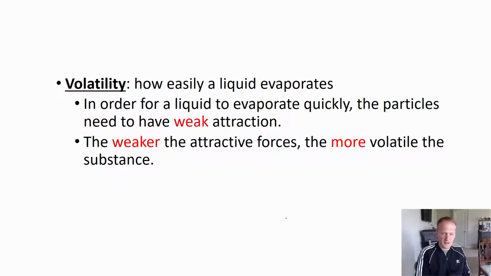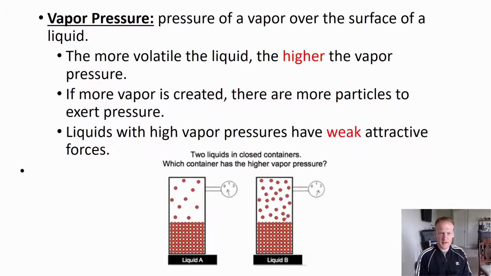You could sit it on your counter and it might dry out and some of the water might come out of it, but for the most part, it's not going to evaporate very easily. It's because of those strong intermolecular forces. So the weaker the attractive force, the weaker the intermolecular forces, the more volatile it'll be, the more it'll evaporate. Okay, you'll do a lab experiment based on that coming up maybe next week.